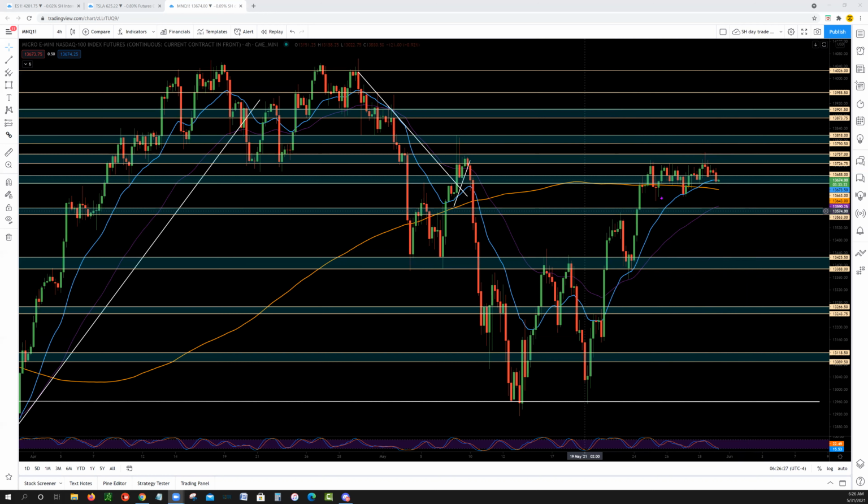So let's watch our levels here. It's going to be this 13,726 by 13,757. Above this area, we're still bullish into the next zone. Below this area, we're bearish into the next zone. And we'll see how that plays out this upcoming week.